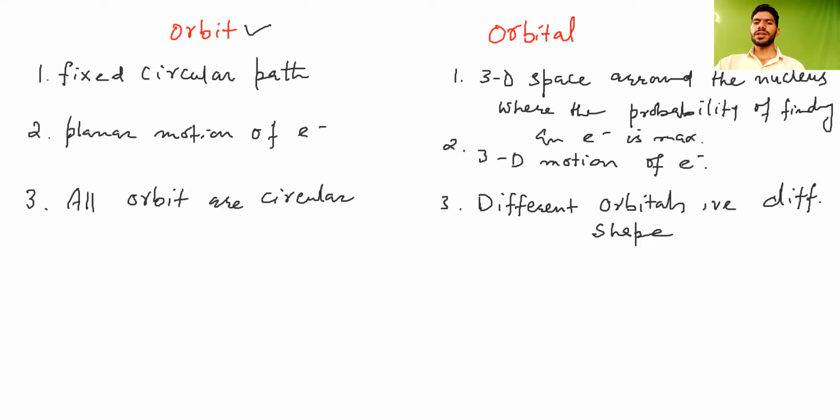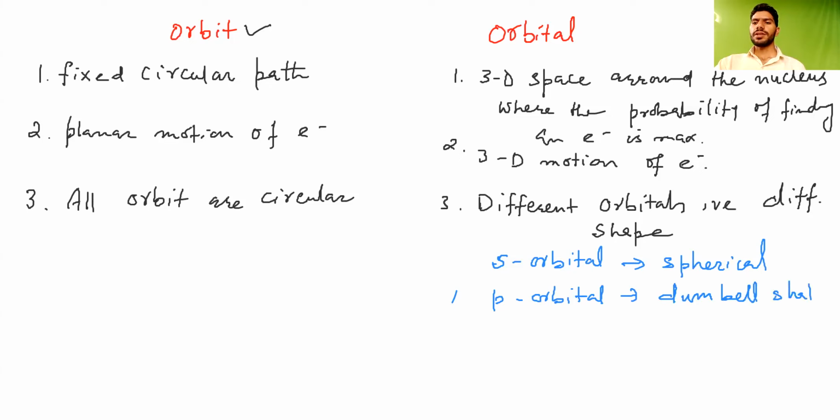It's very important. I hope you will note down that s orbitals have spherical shape, and p orbitals have dumbbell shape. I will write it here, that p orbital has dumbbell shape.